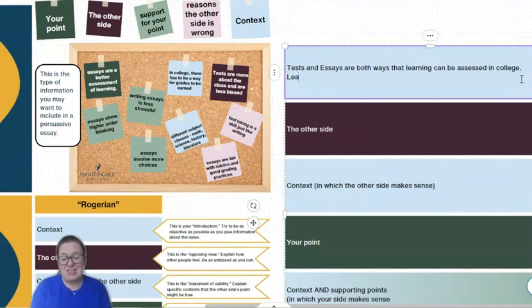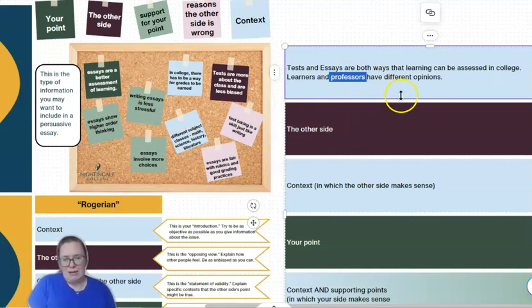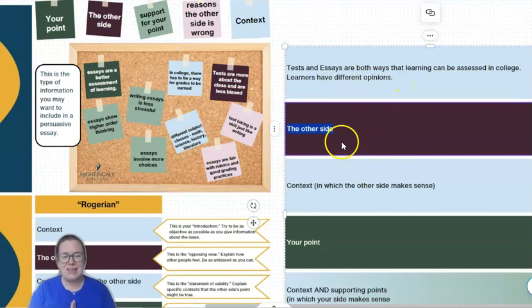And I can say learners and professors have different opinions on the topic. So maybe I just want to talk about learners in this paper. Maybe I want to talk about professors. That would be one thing. I hadn't considered that. Let's just talk about learners. So let's look at this.